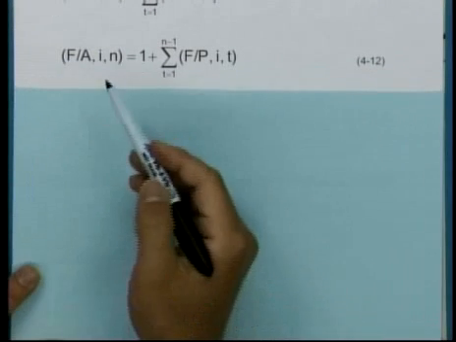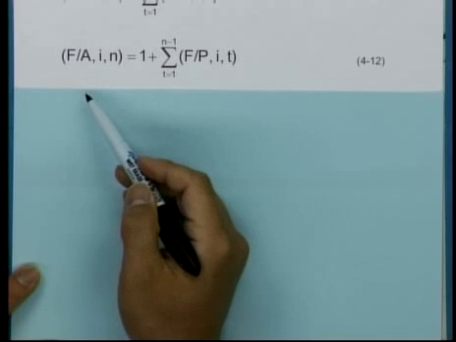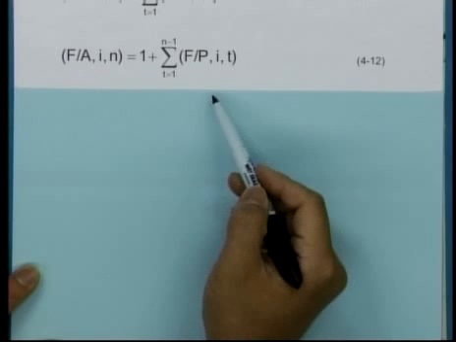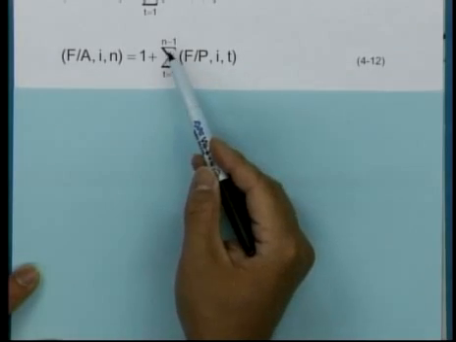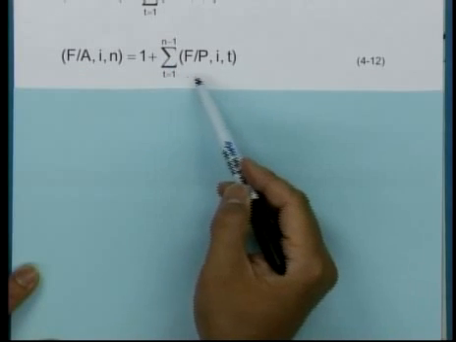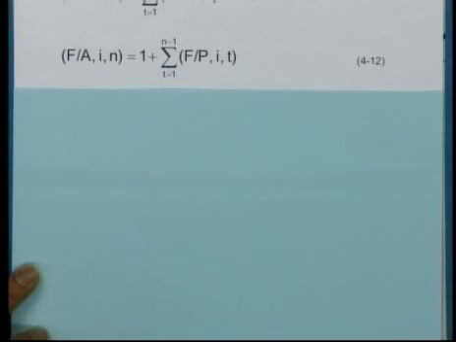And the uniform series compound amount factor is 1 plus the summation of n-1 interest terms of the single payment compound amount factor.